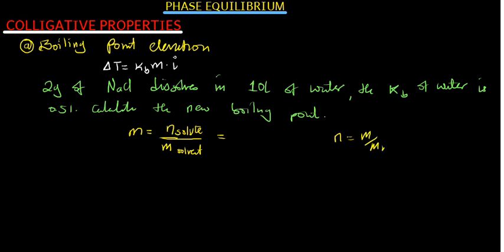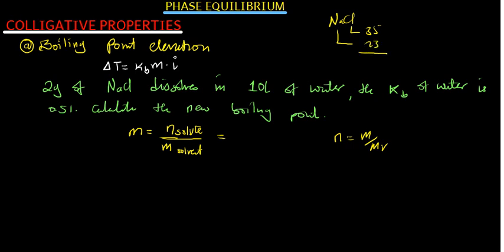So we need to get the molar mass of sodium chloride, and let me just check on the periodic table for the molar mass. Alright, so sodium chloride: chlorine is 35, sodium is 23.